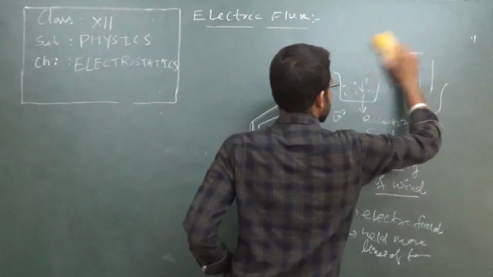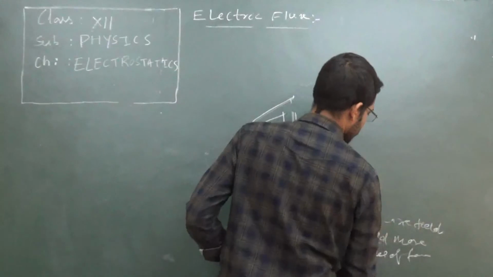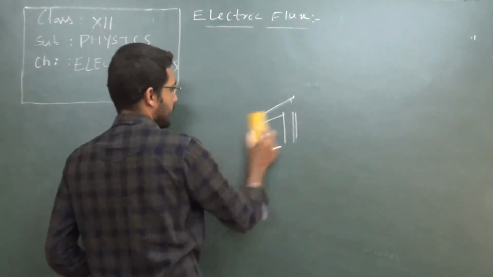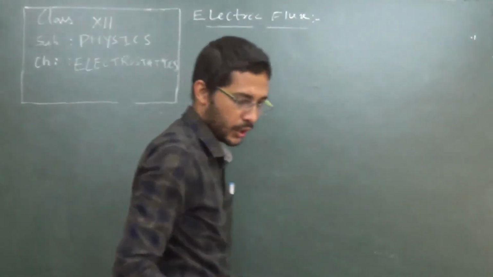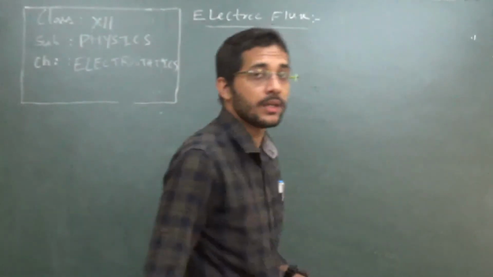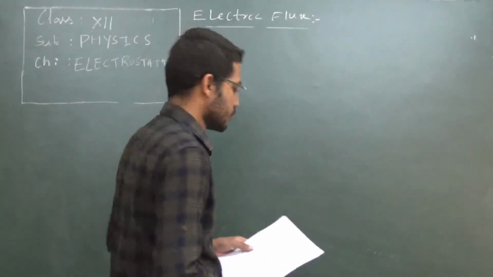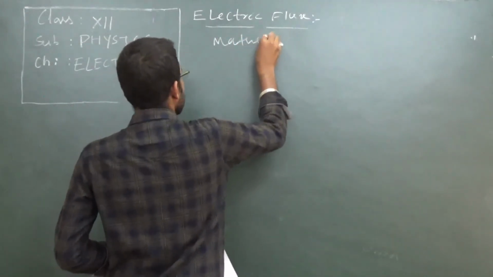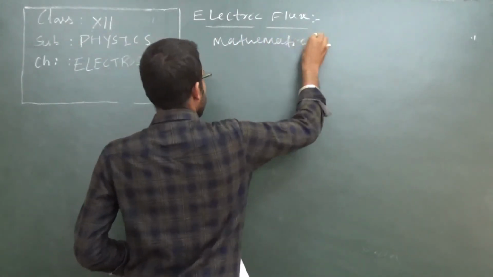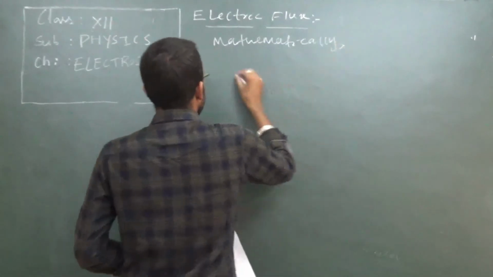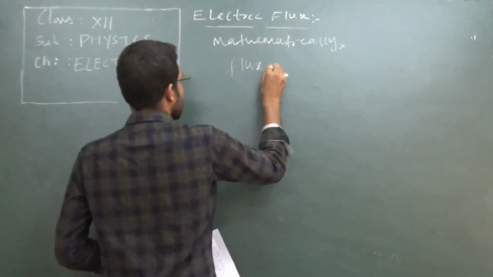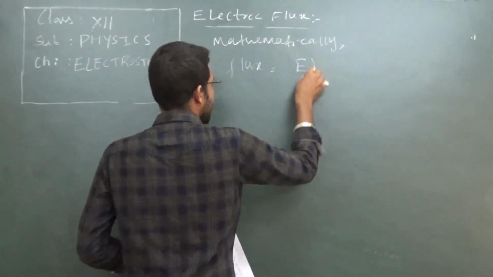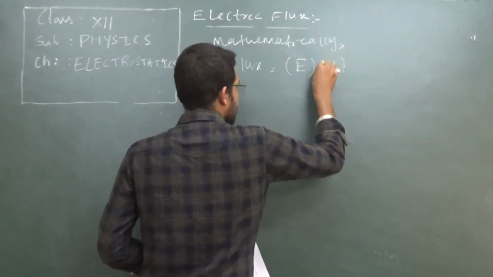So see, as we got from the example, flux depends on the intensity of the electric field and also on the amount of area we are talking about. So mathematically we can write: flux depends on electric field and depends on the area.